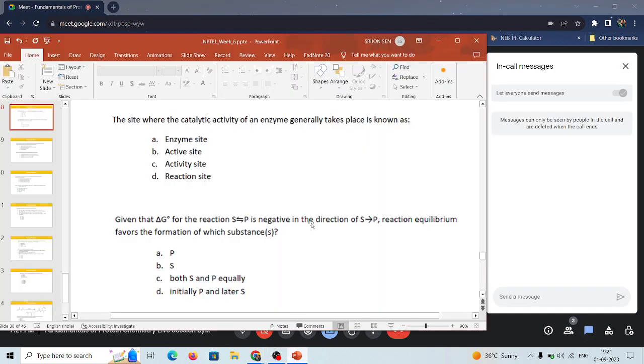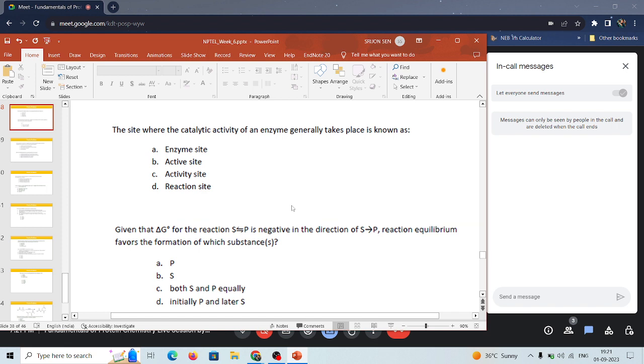Okay. So let us see what is the first answer to this question. The site where the catalytic activity of an enzyme generally takes place. What is this site called?